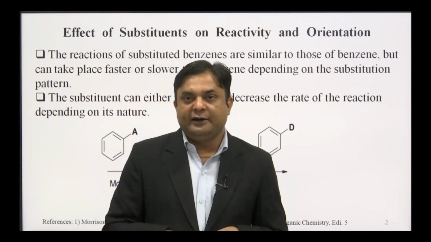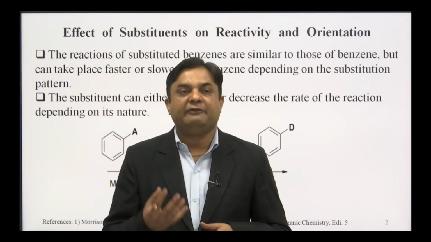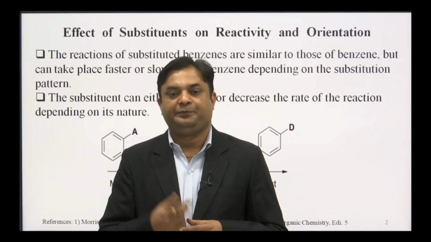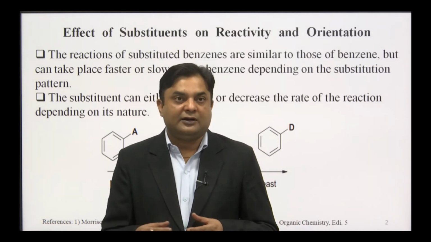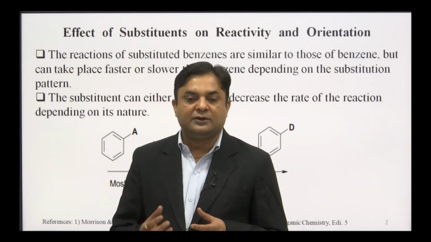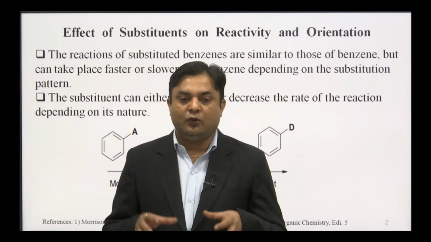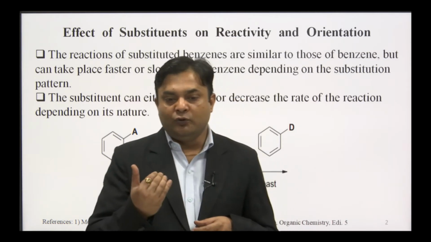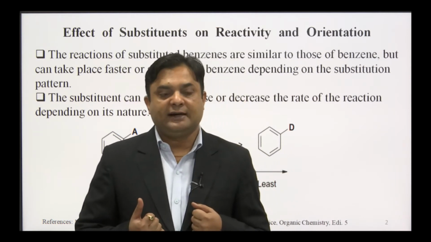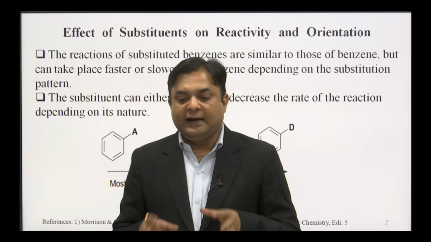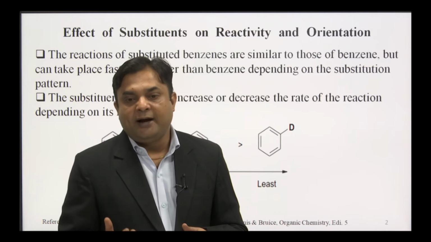Activating groups include those groups which increase the reactivity of benzene towards the electrophile, and they always direct the coming substituent to the ortho and para positions. The second group includes those substituents which reduce the reactivity of the benzene ring towards the coming electrophile. They generally direct the coming electrophile to the meta position.